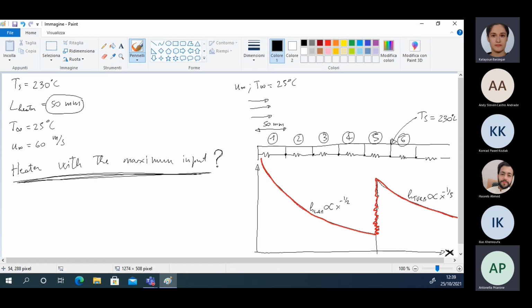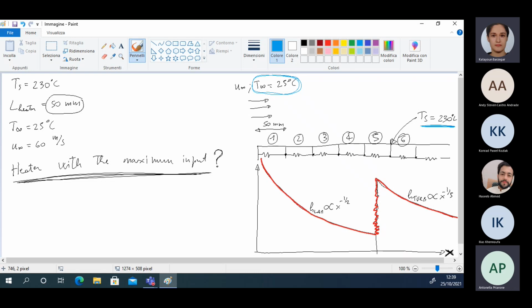That means the heater that must provide the maximum heating to my plate to keep the temperature at this value, considering that the fluid flows at this lower temperature. The problem is clear for all of you now, so now we start with the solution.